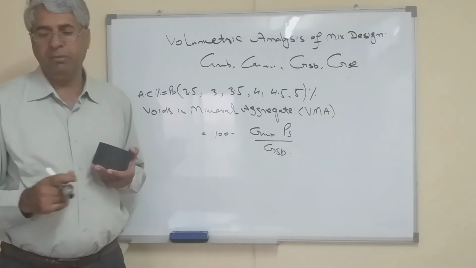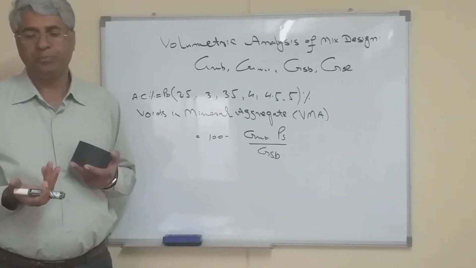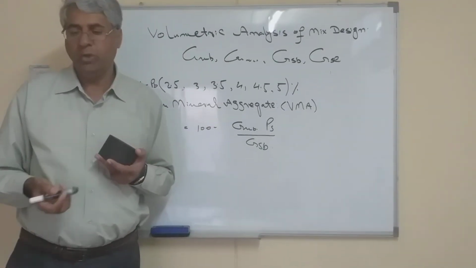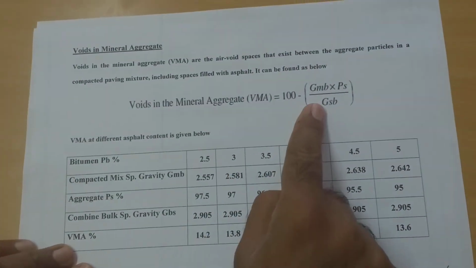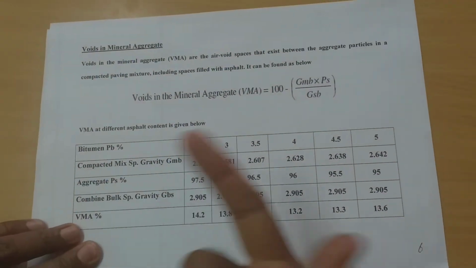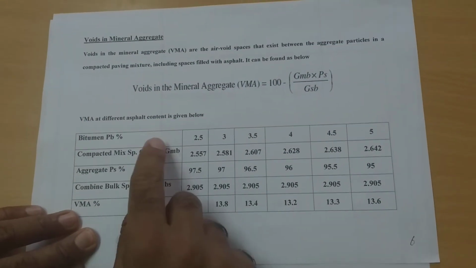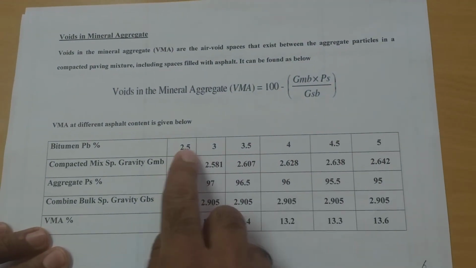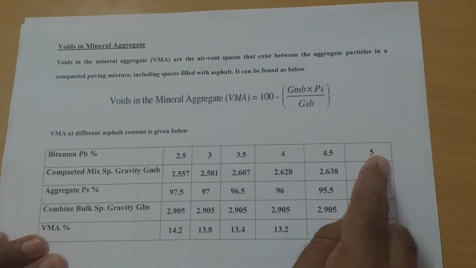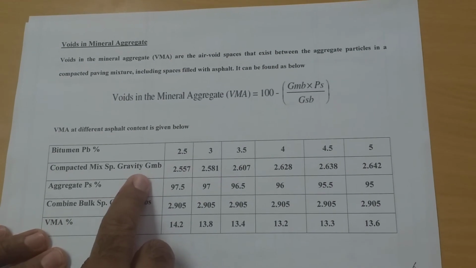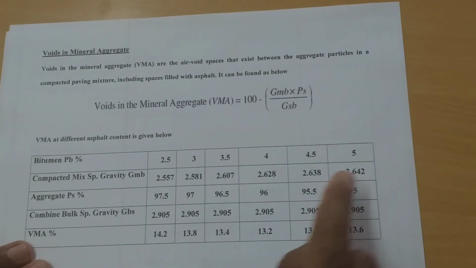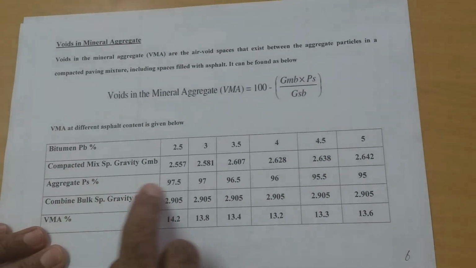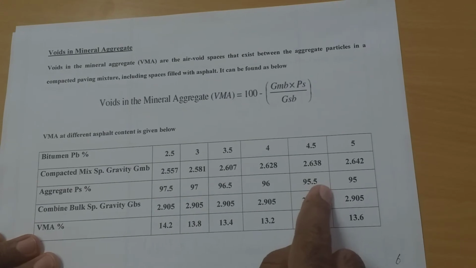Now I will directly show this calculation to you on my sheet. You see, same formula as I have already written many times, the percentage of the bitumen 2.5, 3, 3.5, 4, 4.5 and 5. And GMB at each percentage is given over here. We have already calculated. The percentage of aggregates is given over here.